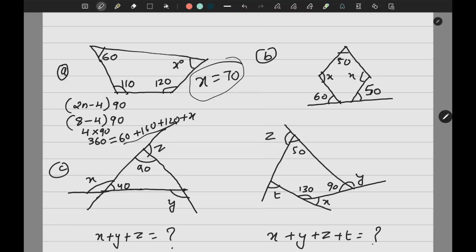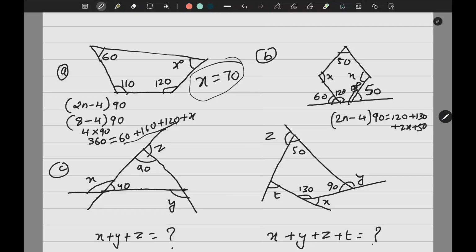Now look at this one. If I look at this question, I observe that this angle and this angle form a linear pair. If this is 60, this has to be 120. If this is 50, then what is the other angle? 130, because the sum is 180, linear pair means 180, right? So this is 130. Now again, I know that (2n minus 4) into 90 is equal to 120 plus 130 plus 2x plus 50.